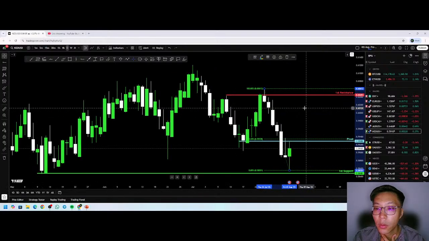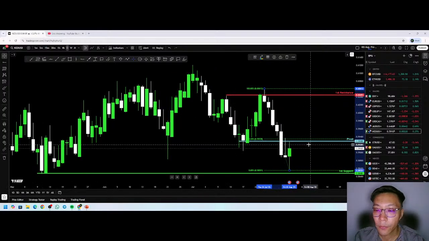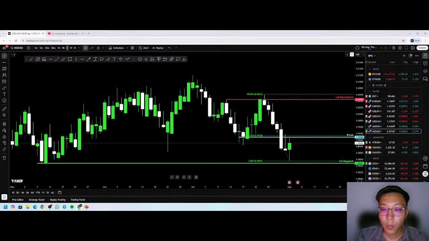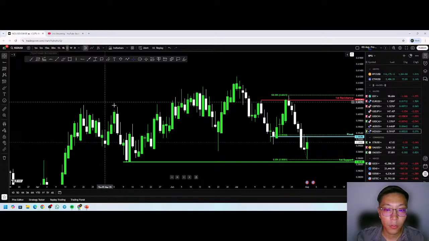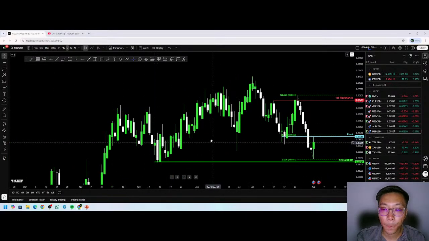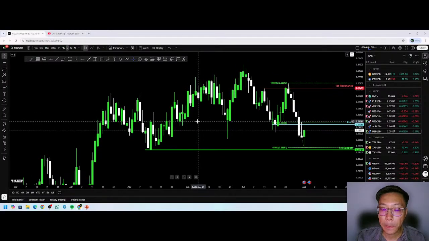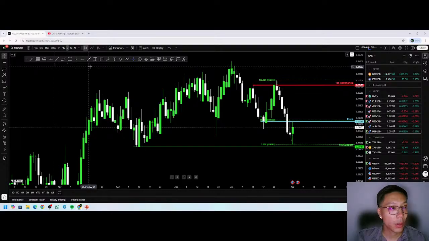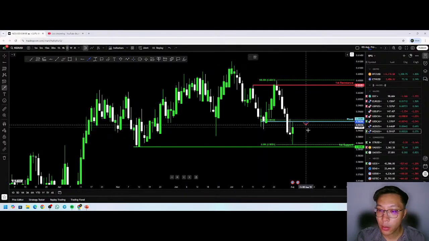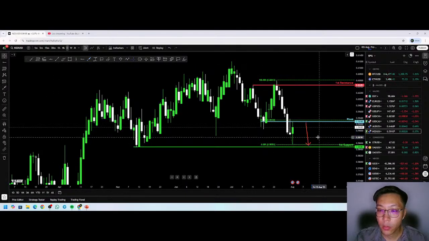38.2, okay, fair enough. 38.2 Fibonacci retracement level. Yep, okay, I think this is fine. Pivot point towards the downside.